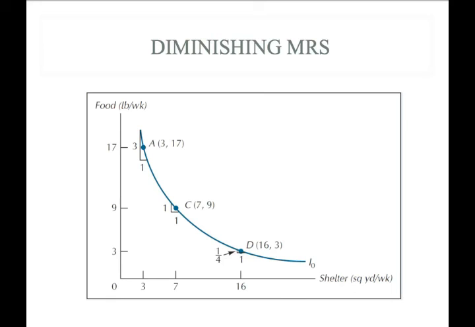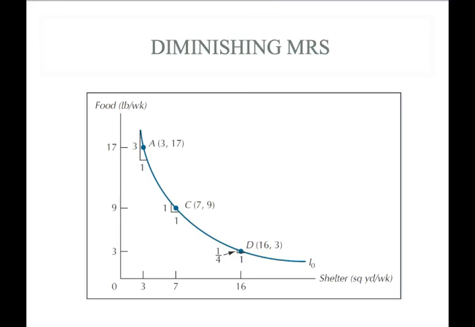If we look at the implications from this, we can see that down here at the bottom of the graph, food is relatively more important to the consumer. It depends on what quantities we currently have, but with this consumer being indifferent here, food is more important because in order to get 1 unit of shelter, we'd only be willing to give up 1/4 unit of food.